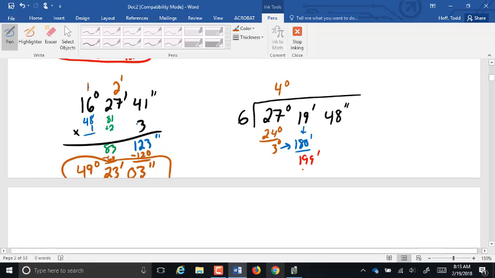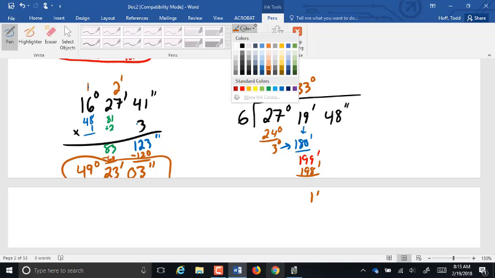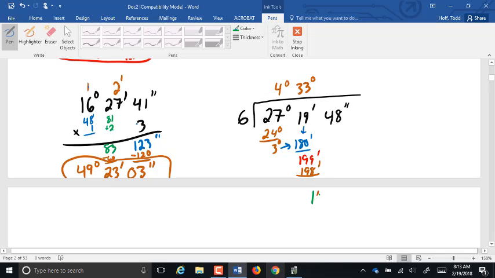Six goes into 199, 33 times. That's 198. We subtract, there's 1 minute left. Well, before we bring down the seconds, we turn that 1 minute into 60 seconds. Bring down the 48. That is now 108 seconds.